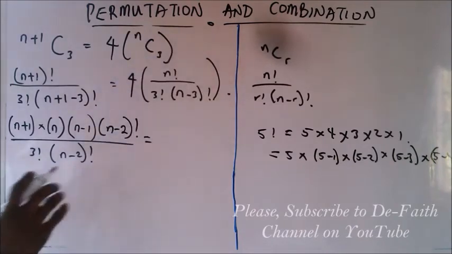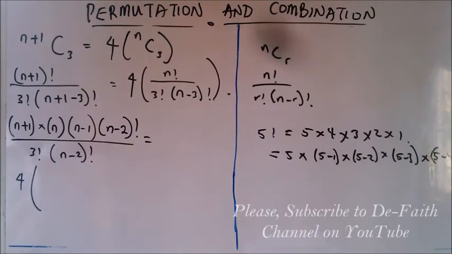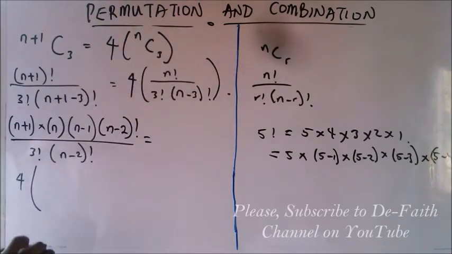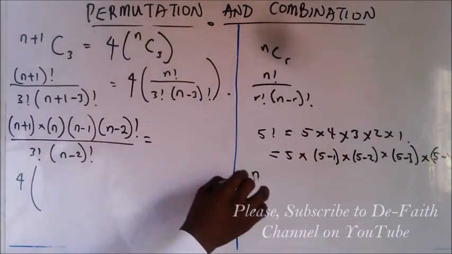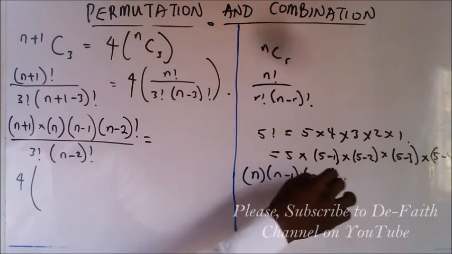Now let's take this and bring it here. So we have 4 into brackets. We'll do likewise for this n factorial over here. What does n factorial mean? It will be n multiplied by n minus 1, n minus 2, and so on and so forth.